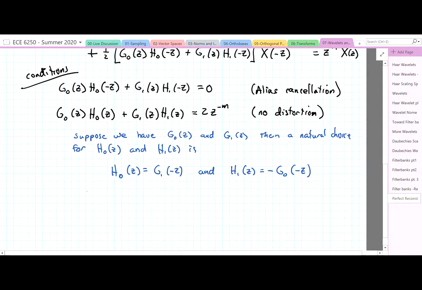what happens there. We'd have G naught of Z, so I'm going to number these, times G1 of negative Z. We have H naught of negative Z already, so that would be G1 of Z. And then we'll have G1 of Z, and H1 is going to be negative G naught, so we have the negative out there.